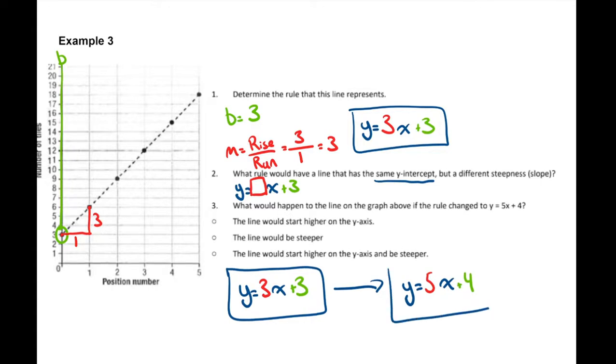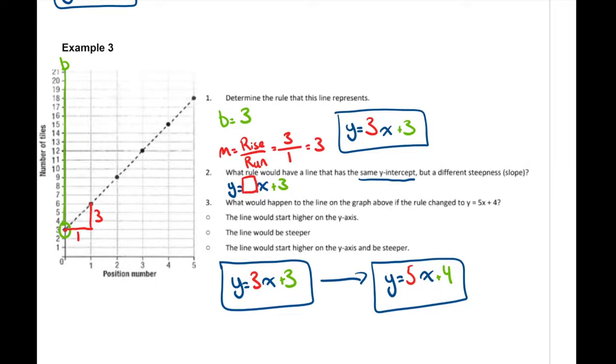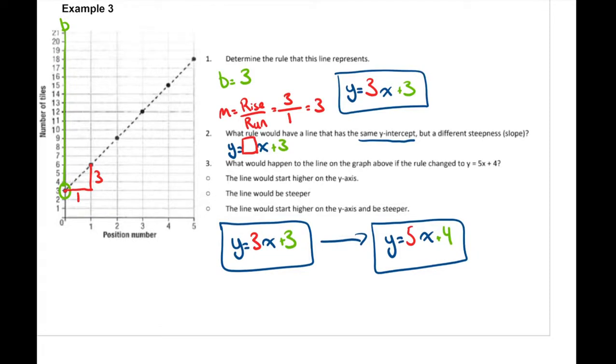So what happens if we change it from one to the other? Now, there's two key things we want to look at. Again, the m and the b value. How does the slope change? How does the y-intercept change? So our slope goes from 3 to 5. So it's becoming larger. And again, we talked about in previous notes, a larger slope means steeper.